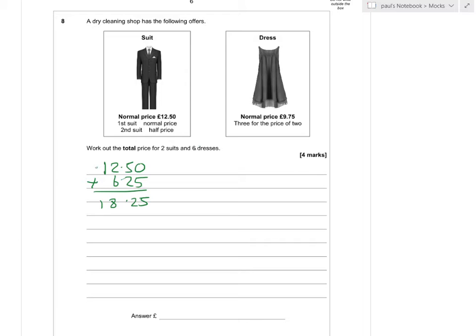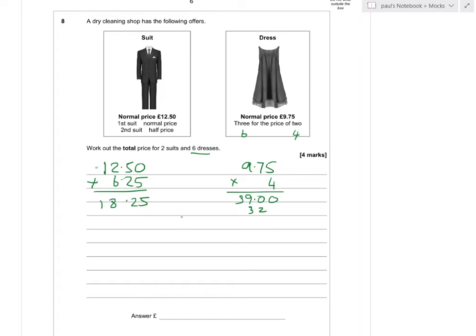Now we're going to do 6 dresses, 3 for the price of 2. So if you have 6 dresses, that's going to be 6 for the price of 4. So we need to do 4 times that. 9.75 times 4. 4 5s are 20. 4 7s are 28, 30. And 4 9s are 36, 39.